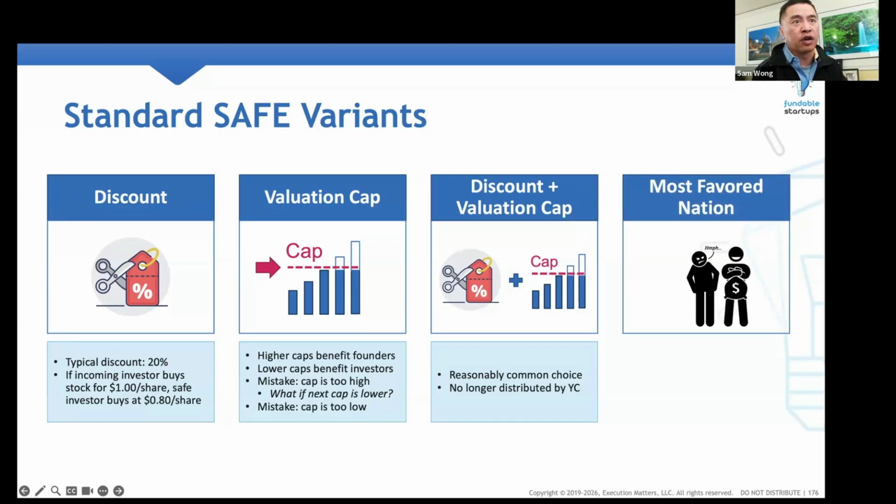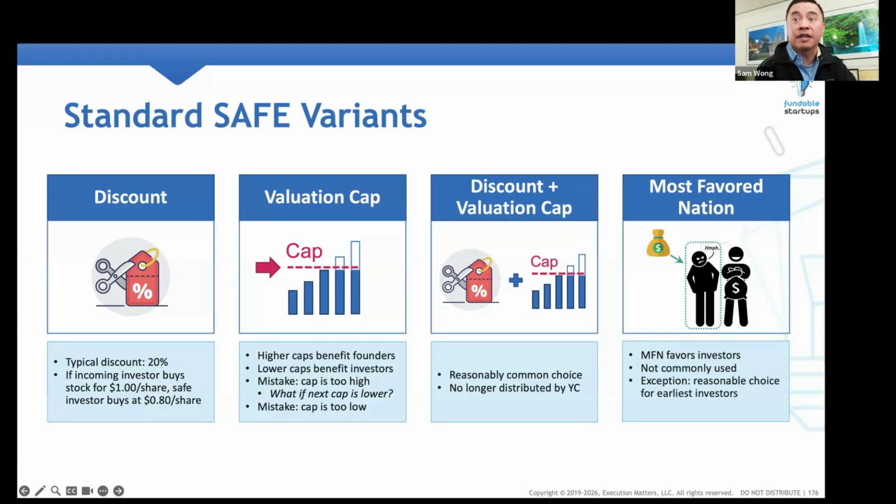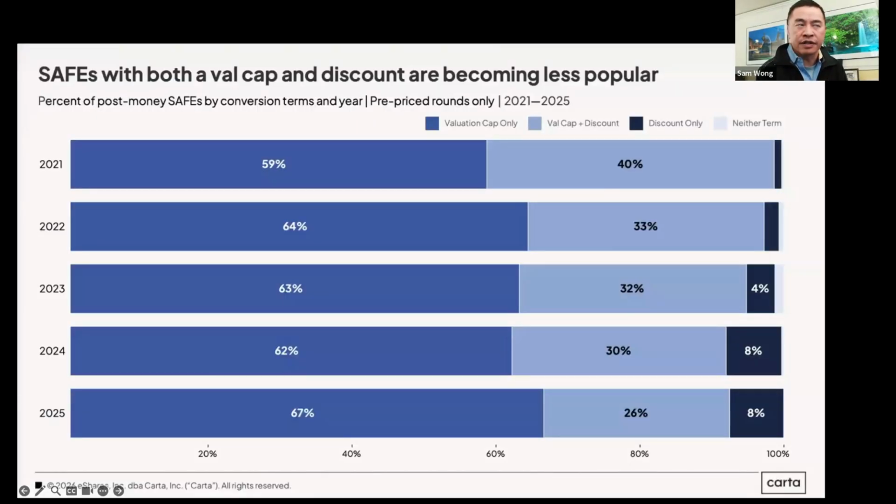And then there's another one called Most Favored Nation, where if an early investor is followed by a later investor who got better terms, then the early investor gets the better terms from the later investor. That's just to avoid people getting an attitude about, hey, I invested early, but how come the person after me got a better deal? So four different variants.